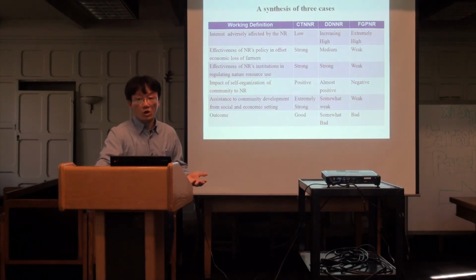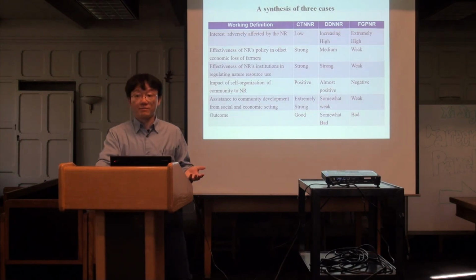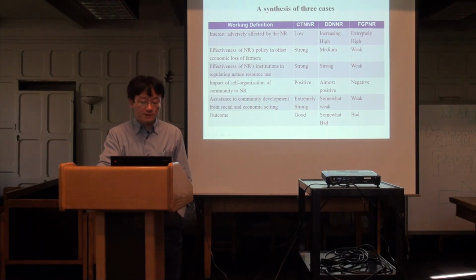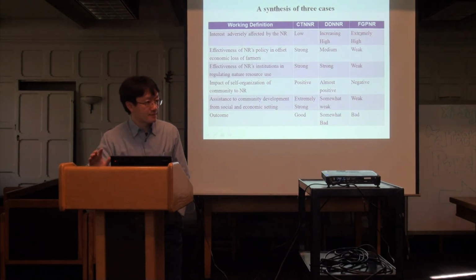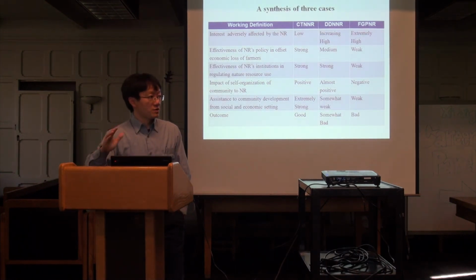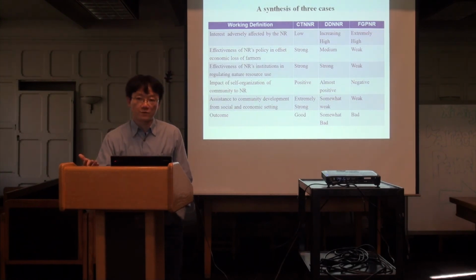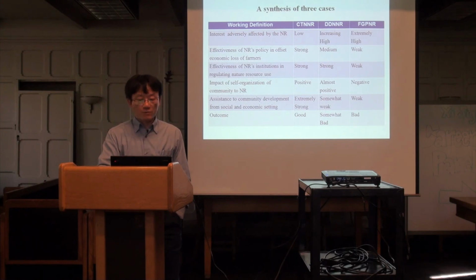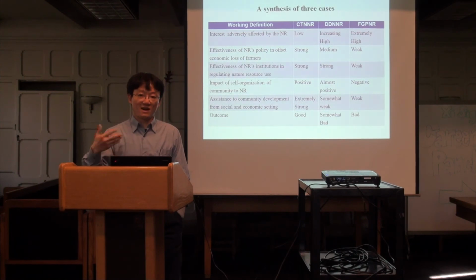That means the local community is not affected very much by the nature reserve. But for the third one, it is very high, because most of the collective forests are forest plantations. And for the second one, it is increasingly high because they want to make use of the forest to develop tourism.